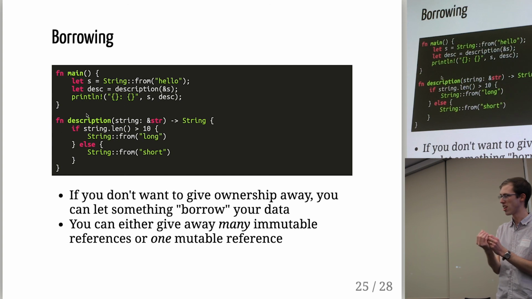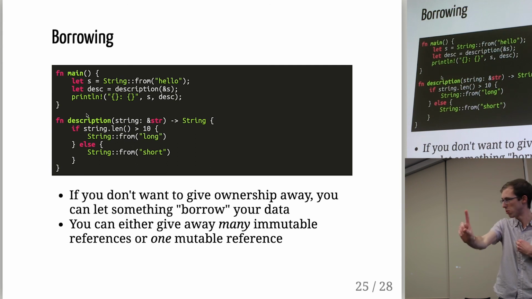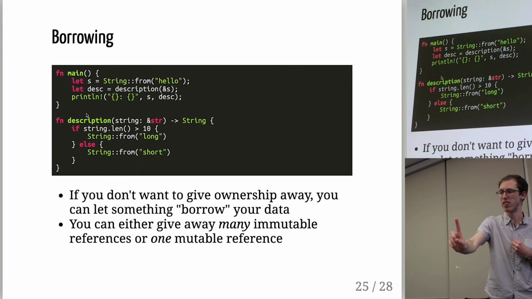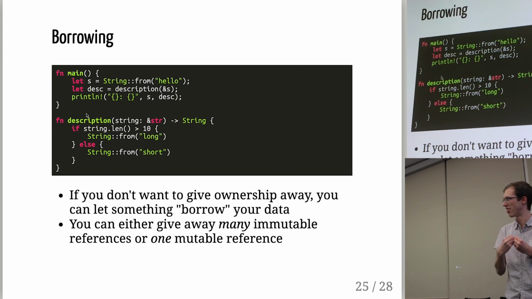Race conditions, there are some that still exist, right? To change the data, you either have to be the owner of the data, in which case it's fine because you own it, and there's only one owner, or you have to be the only person who has a mutable reference, and then eventually that mutable reference will come back, and then you will be the owner again, and everything's fine, because you knew he was changing it.